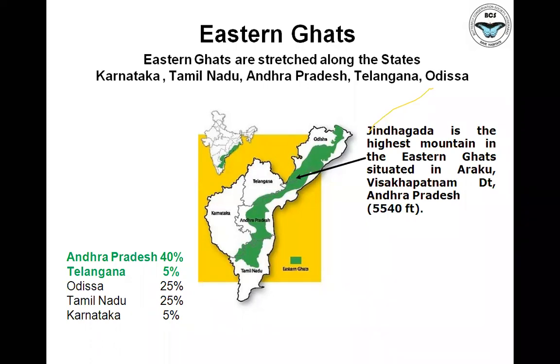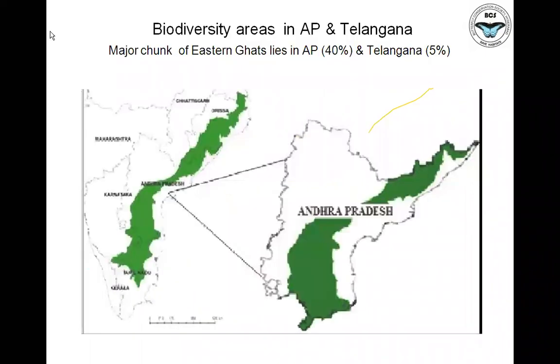Actually, Andhra Pradesh and Telangana share the Eastern Ghats at 45%. Okay, you can see this total Eastern Ghats, of which this is the Andhra Pradesh share, about 40 plus 5%.